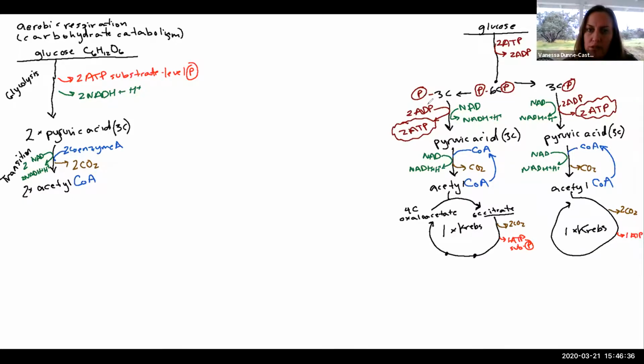And now let's draw our reduced electron carriers. So down here we have 3 NADH plus H+. Same here.